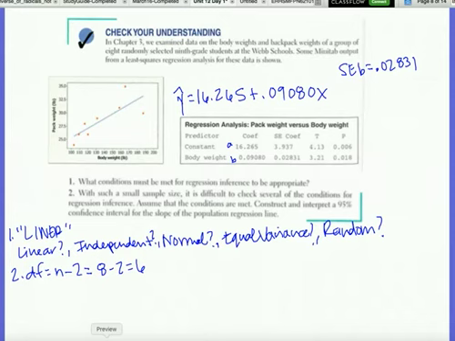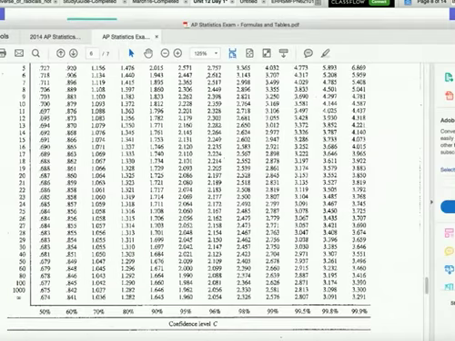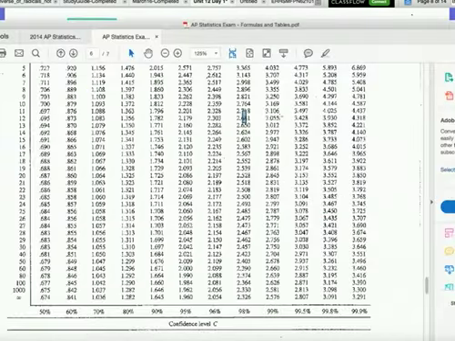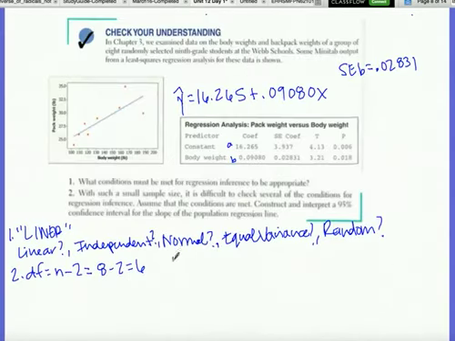So we're going to go back to our table B. We're going to use 6 degrees of freedom, and it asks us to do a 95% confidence interval. So we're going to find 95%, and where does it match up with 6? And that is 2.447. So that means our t star is going to be 2.447.